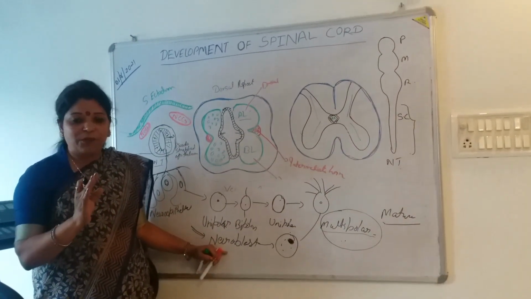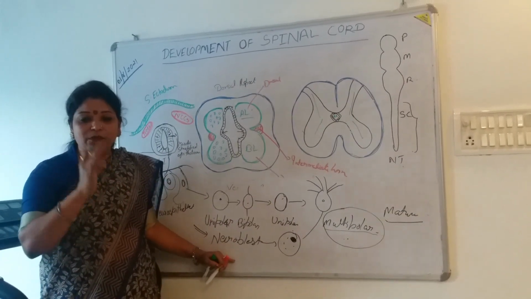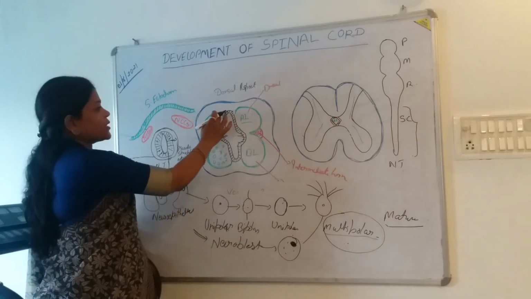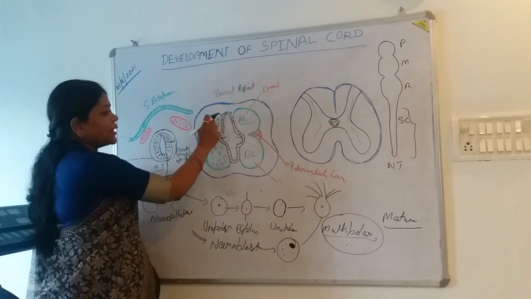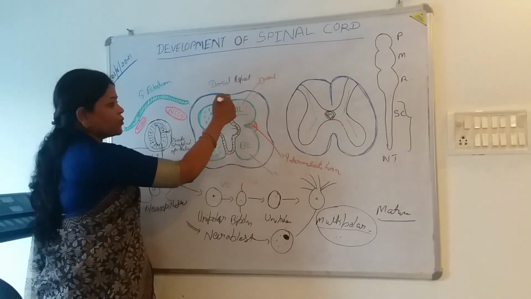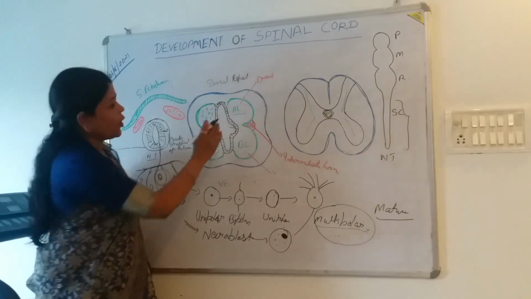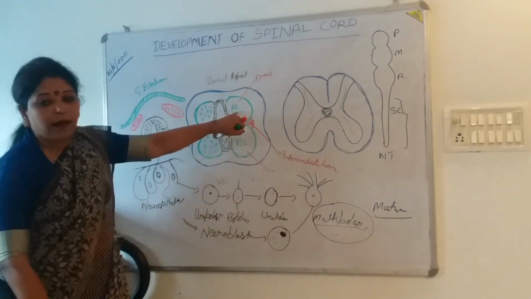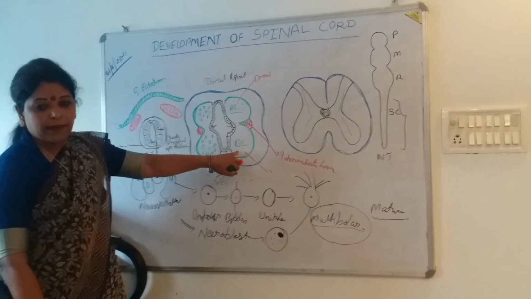That means the neuroblast is migrating where? In the mantle layer. And with the gradual addition of these neuroblast cells, there are swellings on the dorsal and the ventral aspect, which are known as the alar lamina and the basal lamina.